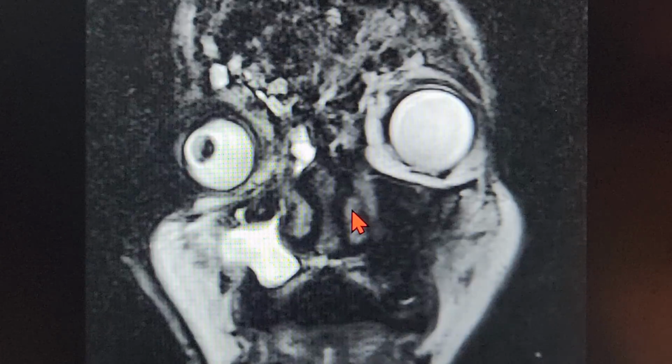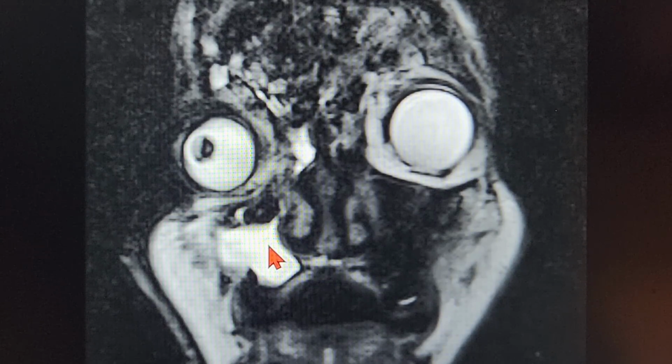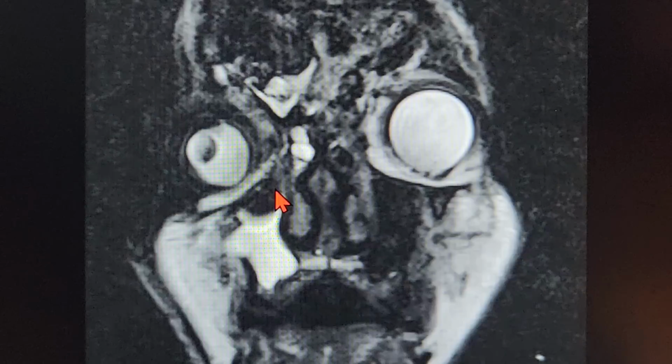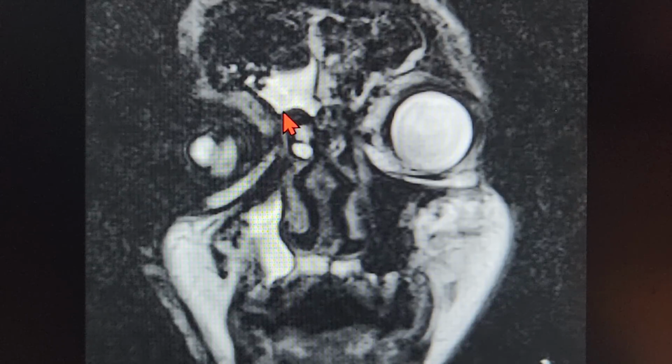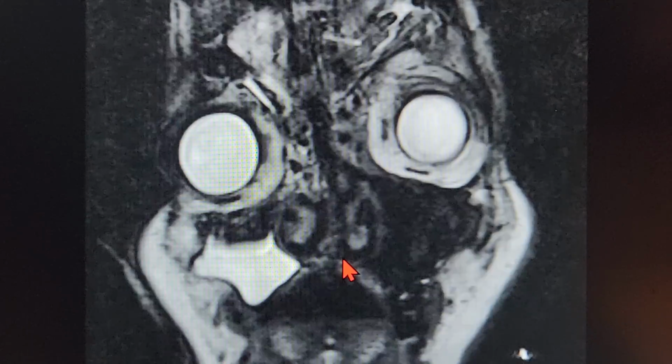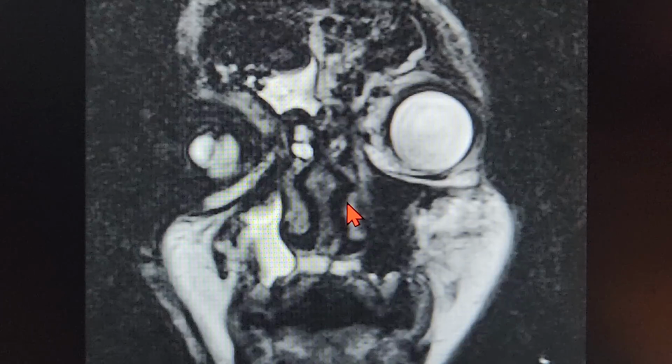As we keep on going behind, you can see that same fluid intensity, CSF intensity, in the patient's maxillary sinus as well. But that can be some secretions in the sinus as well. But these are exactly like CSF, so we can call these CSF-like intensity. So going on behind, that was the first area.